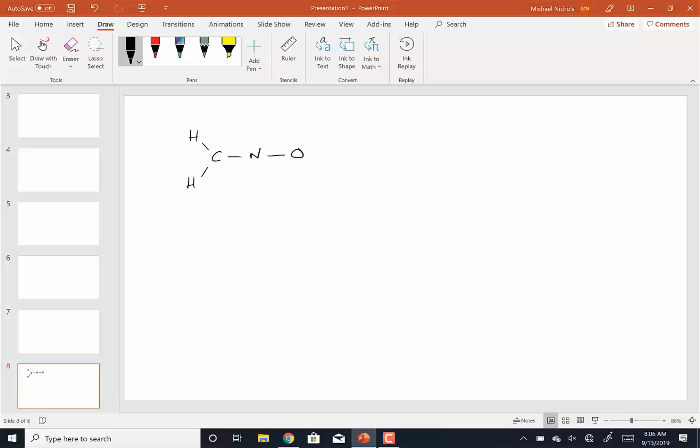So let's see. Carbon 4, nitrogen 5, oxygen 6 for valence electrons. And it looks to me like we need to add an electron to it so that it is the -1 anion.